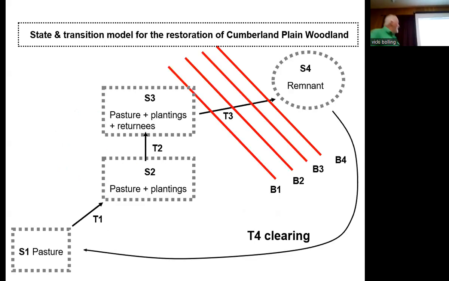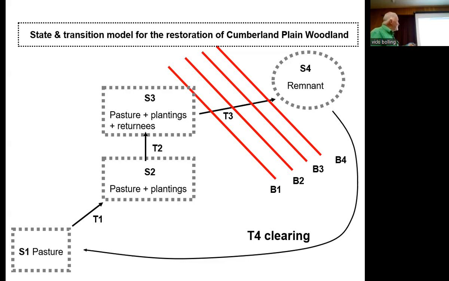And so you get a state and transition model, this is called. Pretty simply, the T is a point where the vegetation goes through a transition. So you have pasture, you do a transition by planting. So that gives you the state of pasture and plantings. Then you get a certain number of plants, native plants from around that block that will come in, returnees. So there's a transition there of recolonisation.